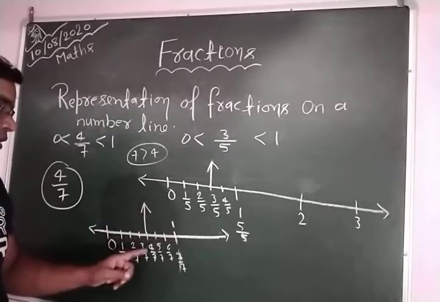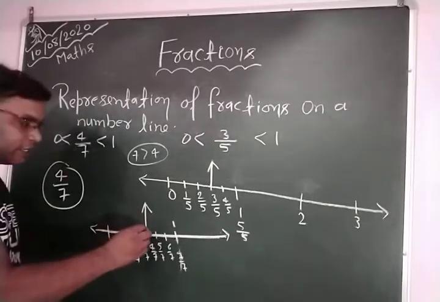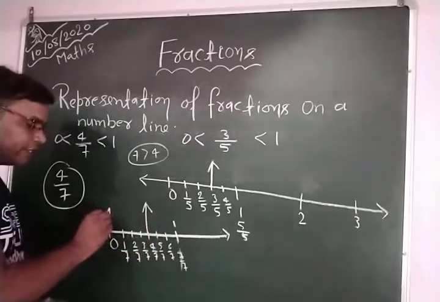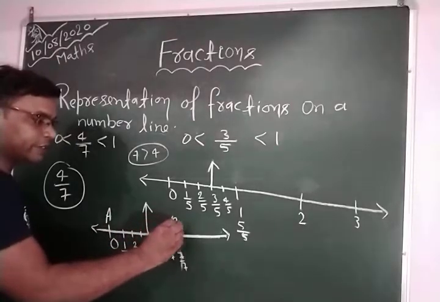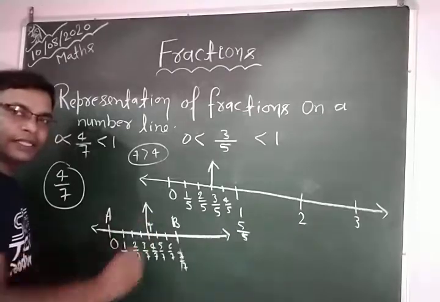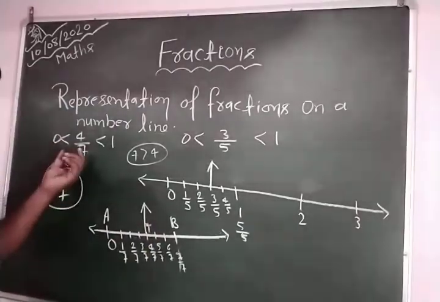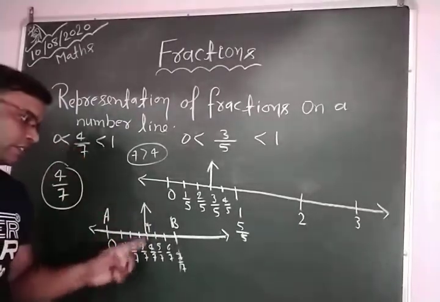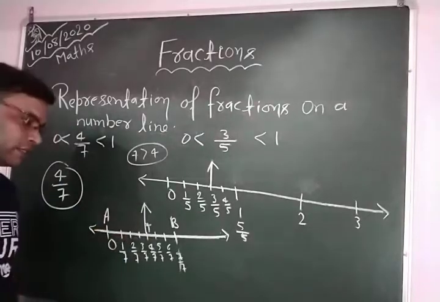So this is 4 by 7 on the line segment, and suppose this point is A, this is B. Okay, and suppose this is T. So point T represents 4 by 7, or you can say this arrow also represents 4 by 7.